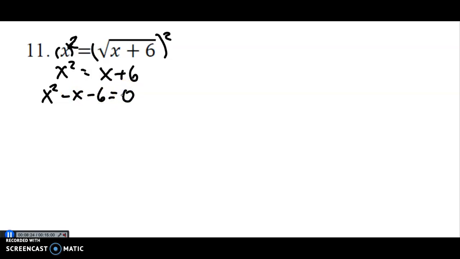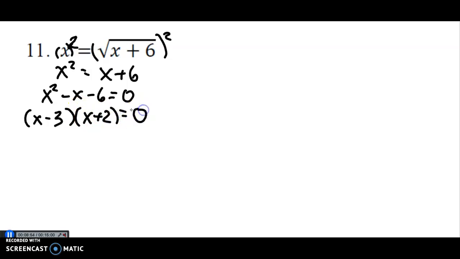And I'm looking at the method I can use, and it's going to be product sum. So I'm looking for two numbers that multiply to give me -6, but also add to give me -1. So I'm thinking it's going to be x minus 3 and x plus 2.